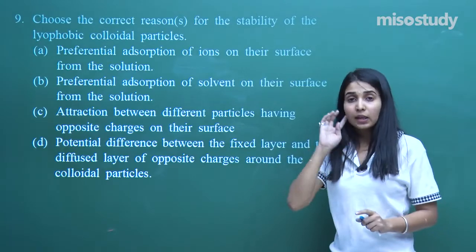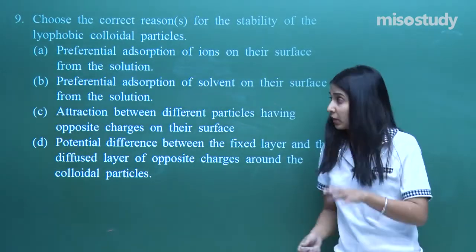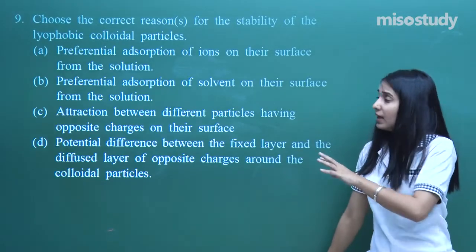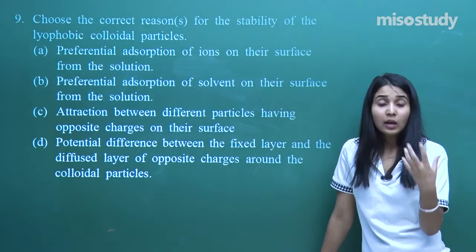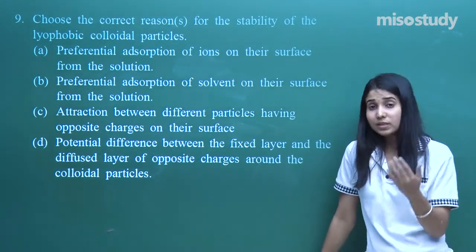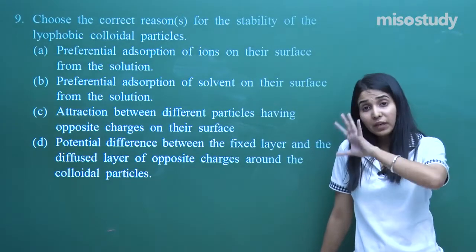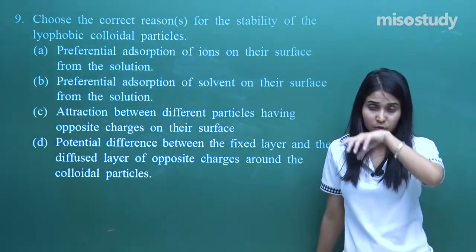I know that lyophobic colloids are highly unstable. And when I have to stabilize them, I either use lyophilic sols, lyophilic colloids, that's where we incorporate the gold number, or, as we have read in theory, preferential adsorption of ions is done. And what was preferential adsorption?